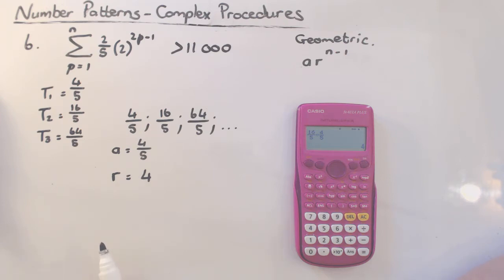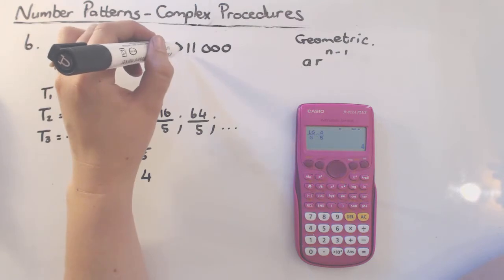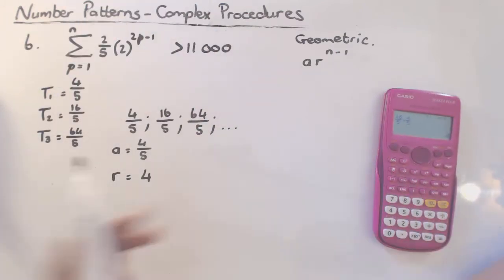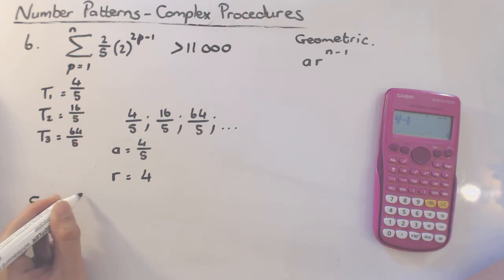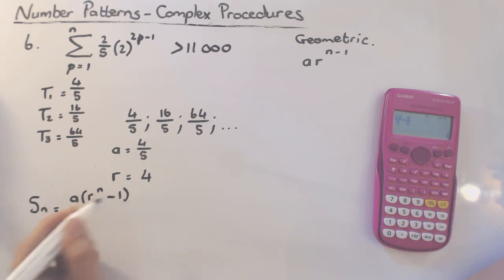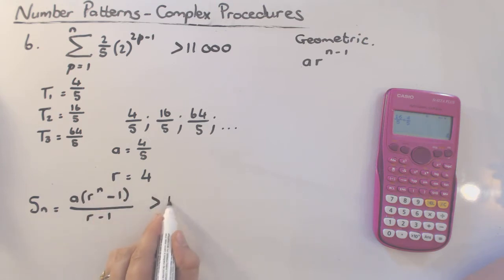What do they want to know? The least value for this pattern that is bigger than 11,000. So the sum of a geometric pattern is a times r to the power of n minus 1 over r minus 1, right? And I want this to be bigger than 11,000 if I add this up.